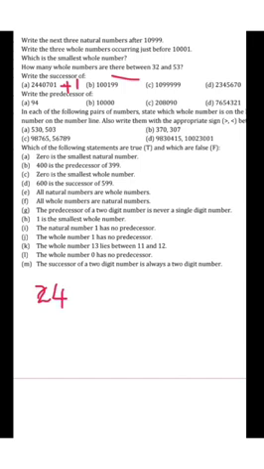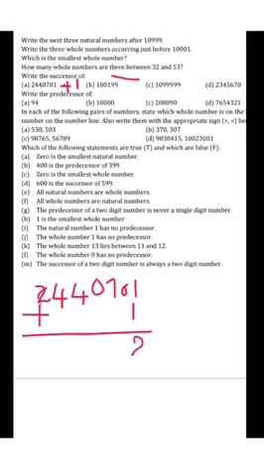How can we find out the successor? By adding 1 in the given number. So let's add 1 in this given number. You have to add 1 at the 1's place. So 1 plus 1, 2. 0 will be as it is.